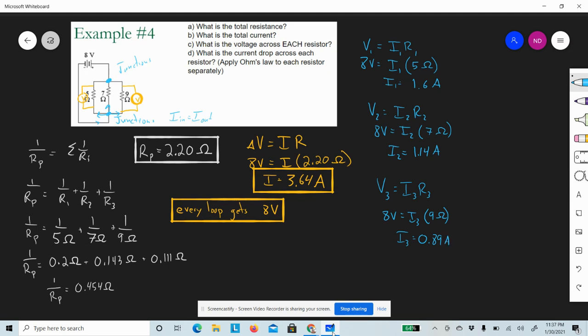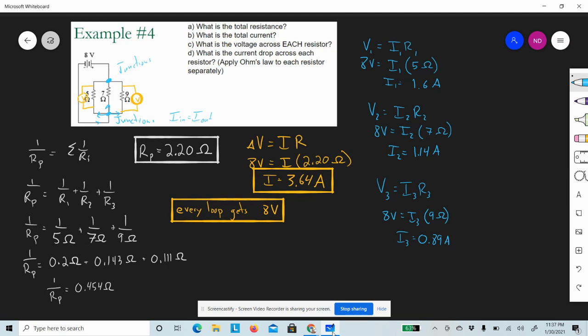Now this should make sense. The 9 ohm resistor is the most difficult thing for the current to pass through. Because it's most difficult to pass through, you get the smallest current going through it. The 5 ohm resistor is a whole lot easier for charge to go through, so more current goes that way.